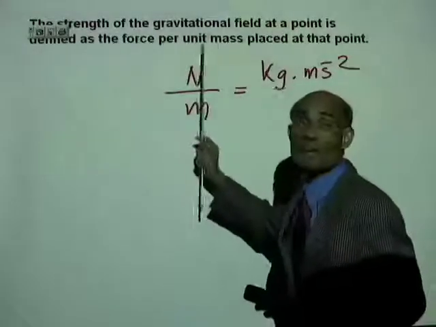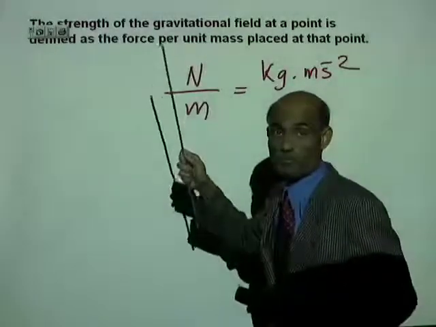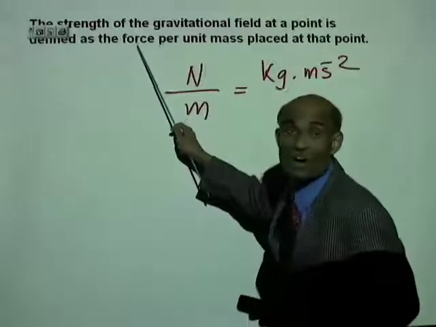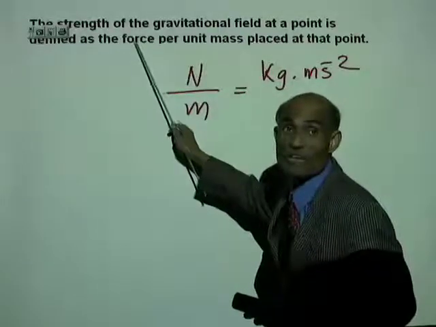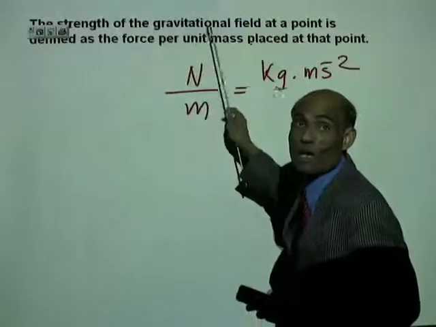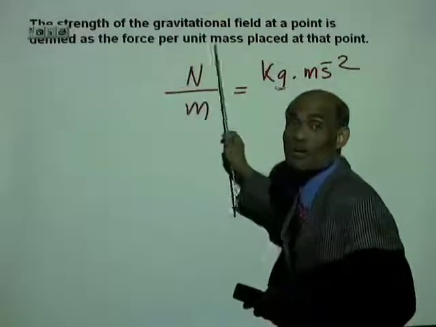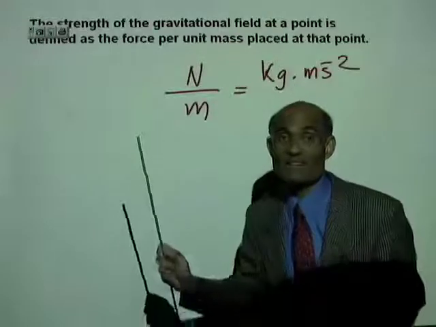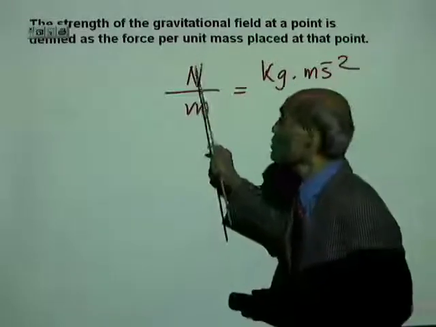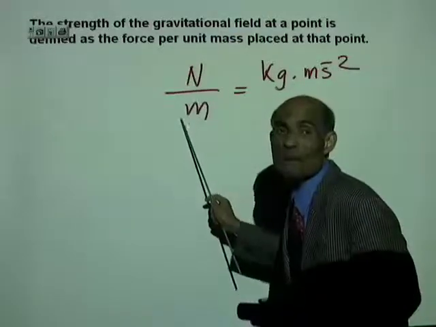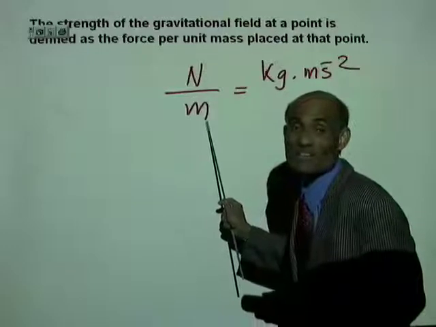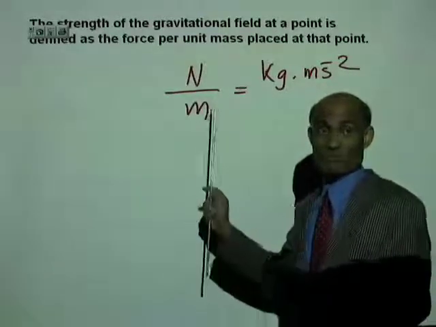The strength of the gravitational field is the force per unit mass. What is the unit for that? Newton per kilogram, not Newton per meter, as I said earlier. So make that correction, please.